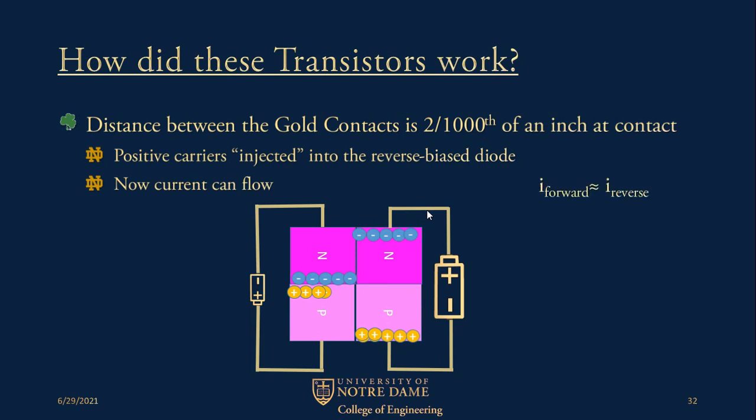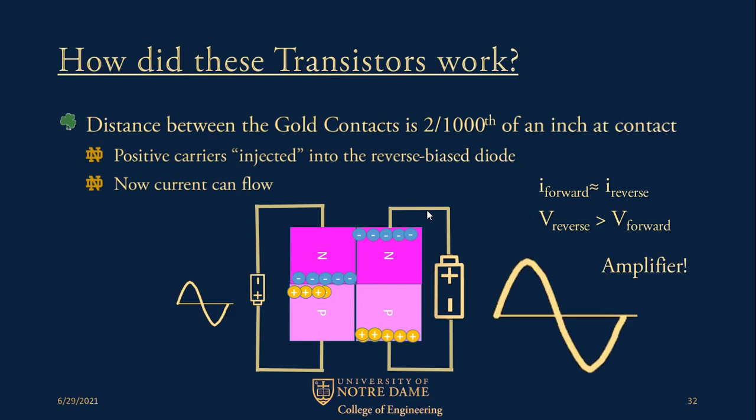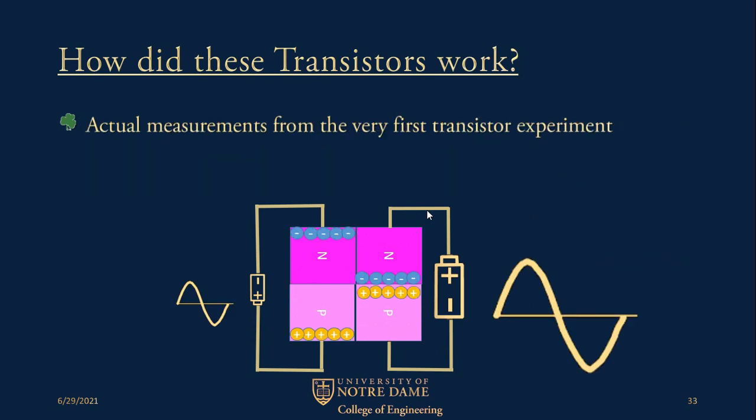So let's compare the actual data. The forward current is very close to the reverse current, and I'm going to show you the actual calculations that they presented in the first transistor in a moment. We see that the reverse voltage is significantly higher than the forward voltage. So here are the actual measurements.